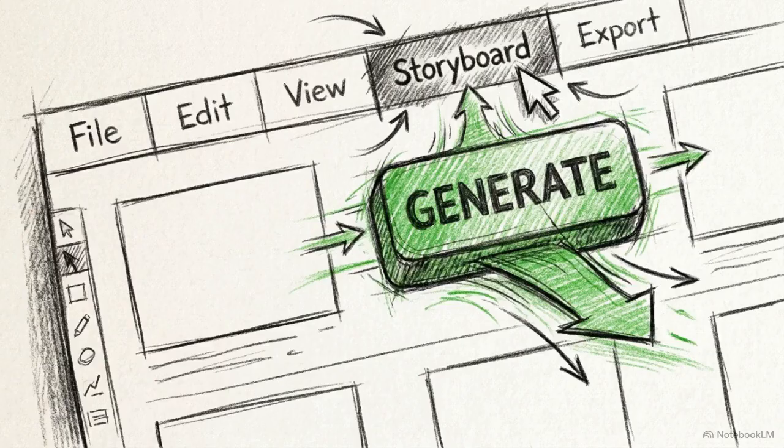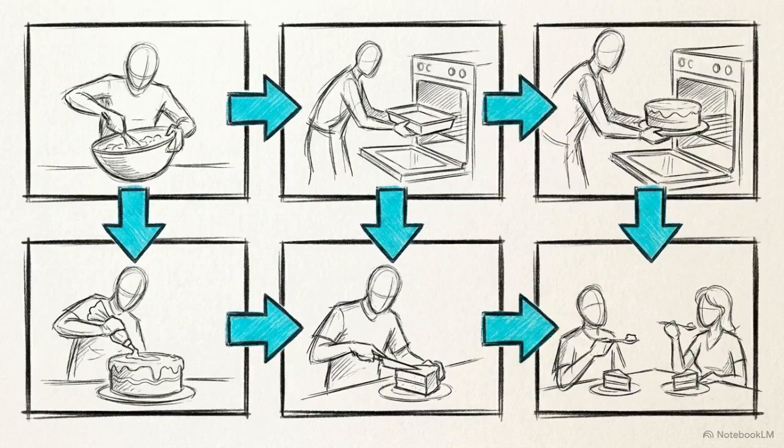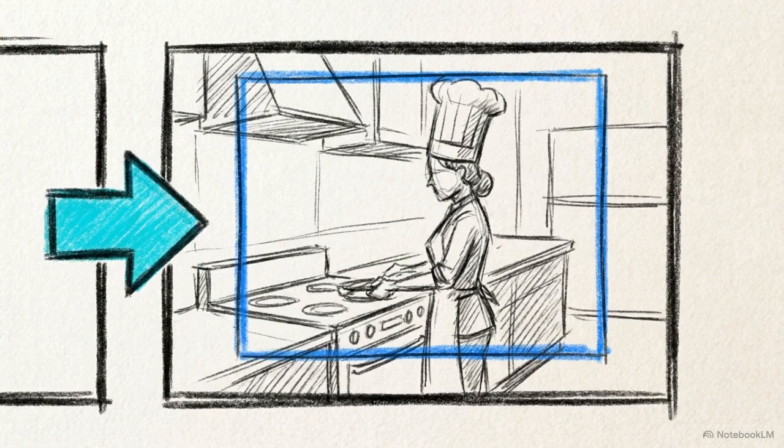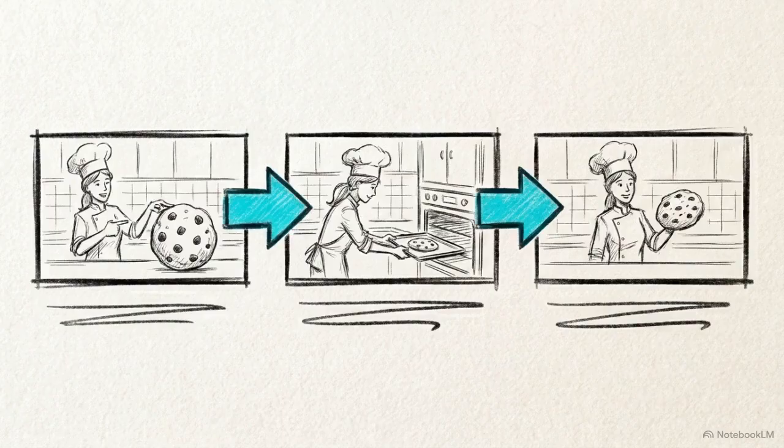With your assets confirmed, switch over to the Storyboard tab and hit Generate. The system pushes those approved elements into a sequential layout, automatically rendering a visual panel for every single scene. Because the storyboard pulls from that strictly defined pool of approved assets, every character attribute, architectural location, and physical prop stays perfectly consistent from the opening shot to the final frame.